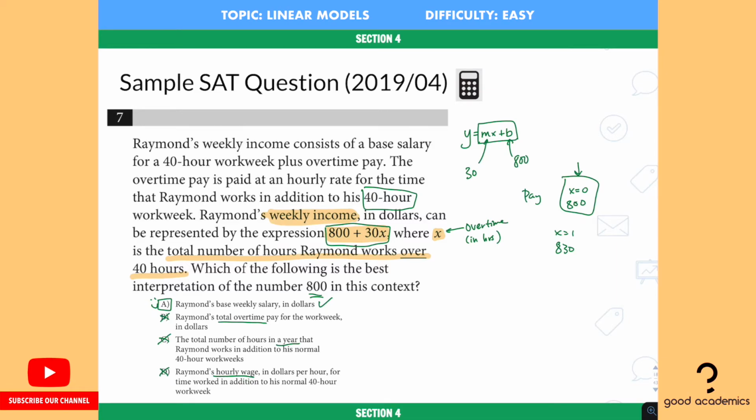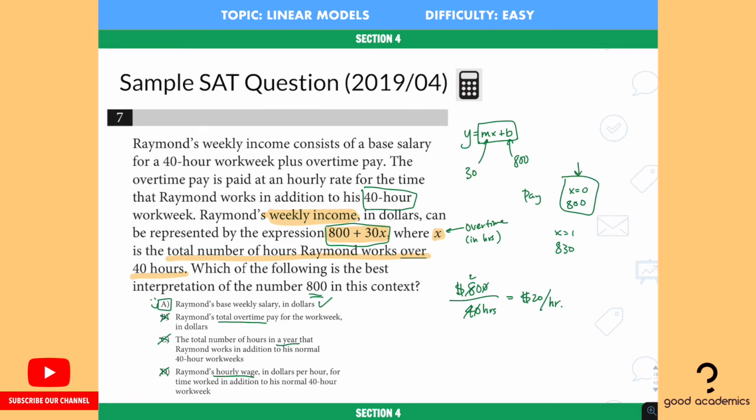So the hourly wage is going to be $20. You simply do $800 over 40 hours. Then just do simple math right here. So you have $20 per hour. Just keep the units because we cannot cancel out the units. So that's how you can get the hourly wage.